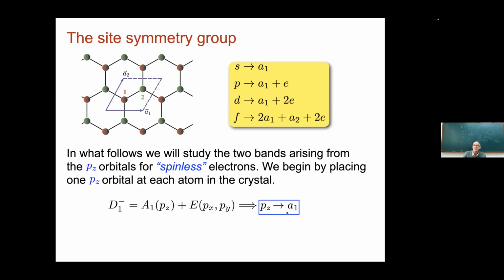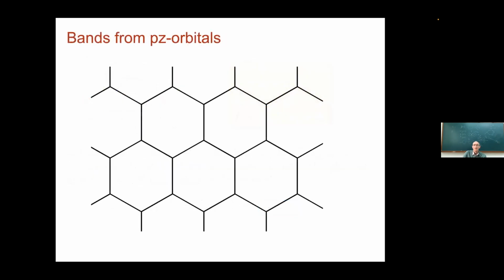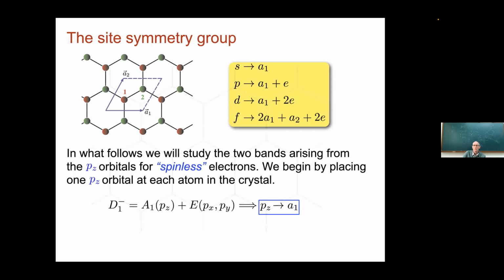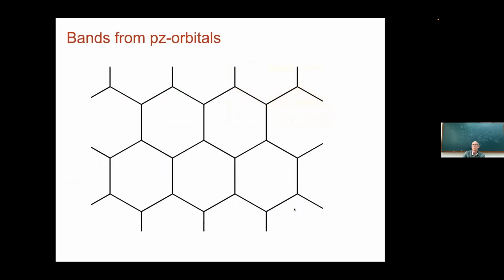In this case, for practical purposes, P decomposes into A1 and E. A1 is related to Pz and E is related to Px, Py. Since we are interested only in the Pz orbitals, we just consider A1. Okay, so now I have to place these A1 orbitals at all the atoms.